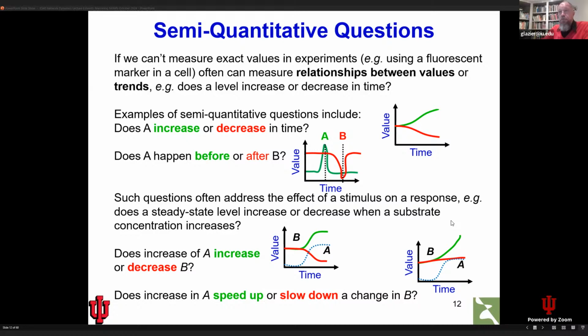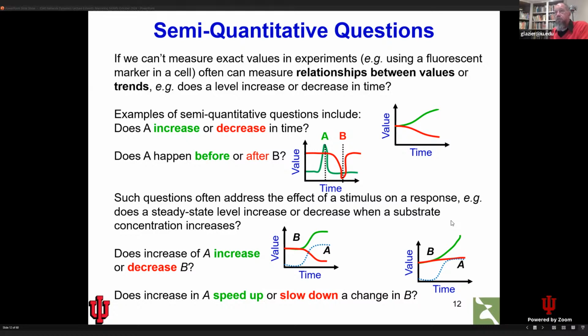And does something happen before or after something else? And then if we want to make a stimulus response question, if I increase A, does that increase or decrease B? Or potentially, if I increase A, does that speed up or slow down change of B?